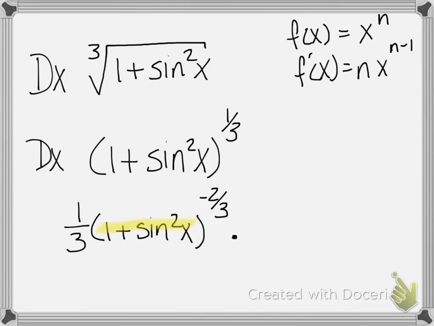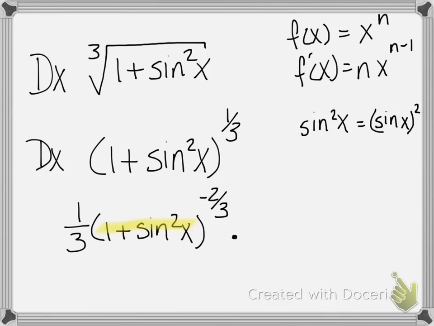And so for that, we're just going to have two separate derivatives. That would be the derivative of 1, which is a constant, so that's just going to be 0, plus the derivative of sine squared, which secretly is another nested power rule, because sine squared x is equal to sine of x squared.